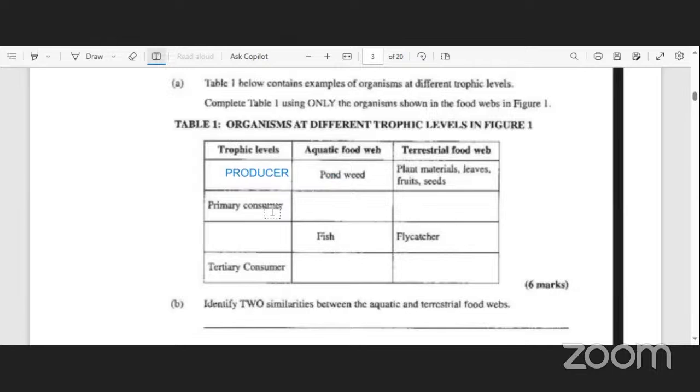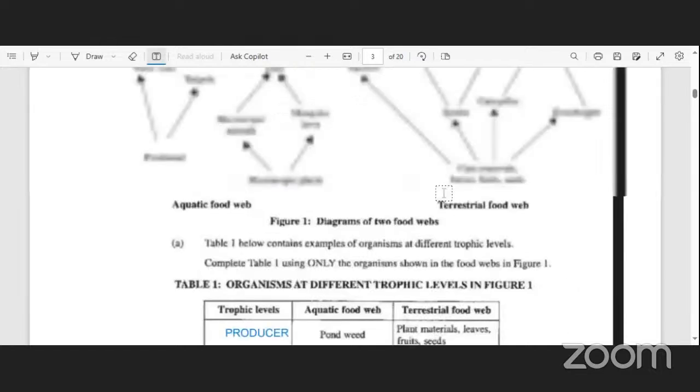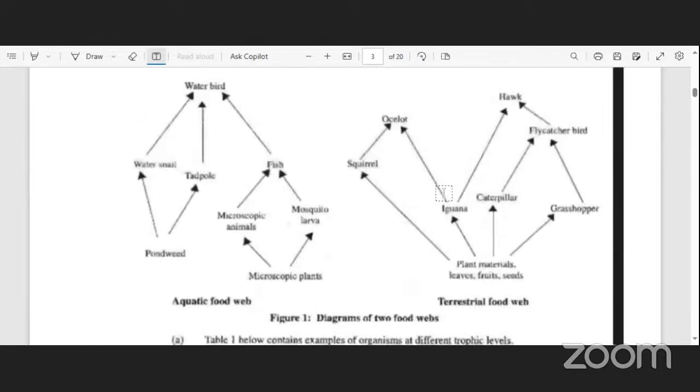All right, for the next area now, we're moving down to the next trophic level, right? So we have primary consumer here. For the aquatic food web, we don't have any primary consumer, and for the terrestrial food web, we don't have any primary consumer as well. Let's go back to the food webs to pick out primary consumers.